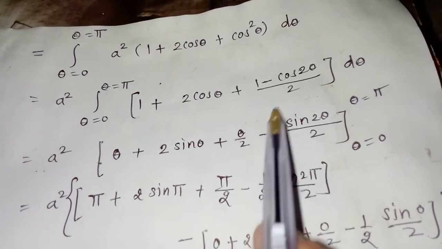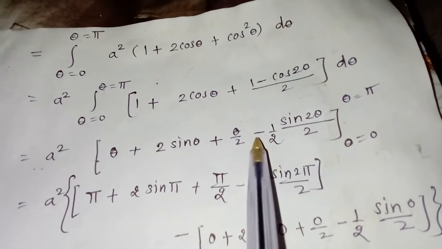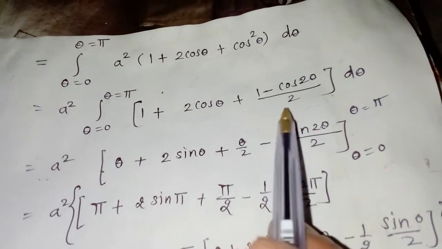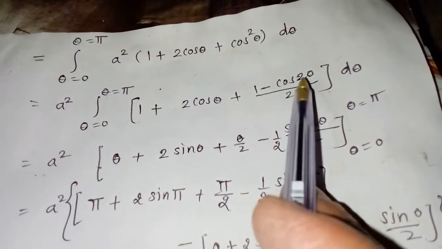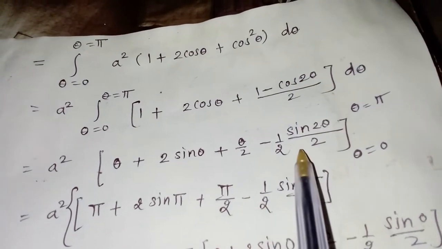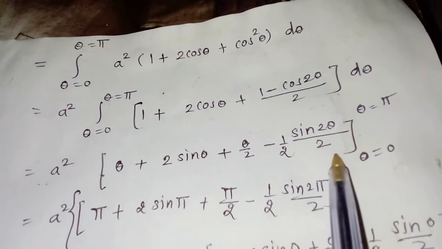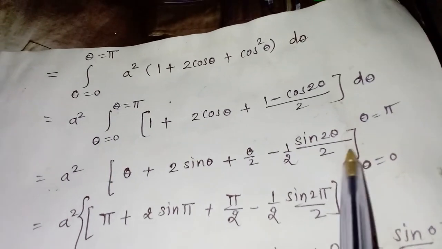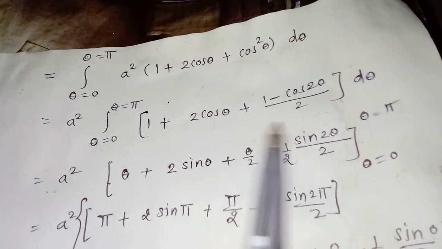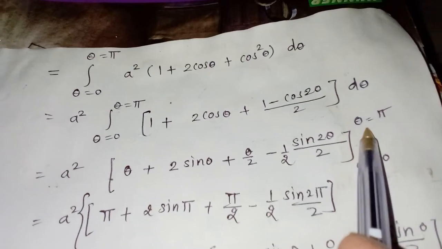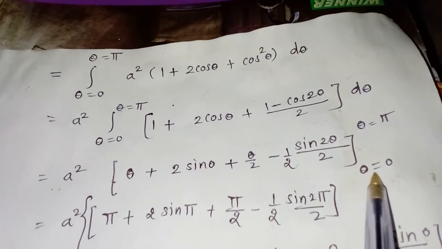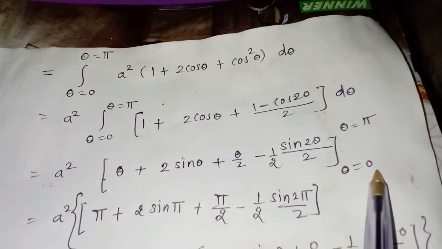Minus, 1 by 2 as it is, the integration of cos 2 theta is nothing but sin 2 theta upon 2. So this is the integration of this bracket, with upper limit theta equals pi, and lower limit theta equals 0.